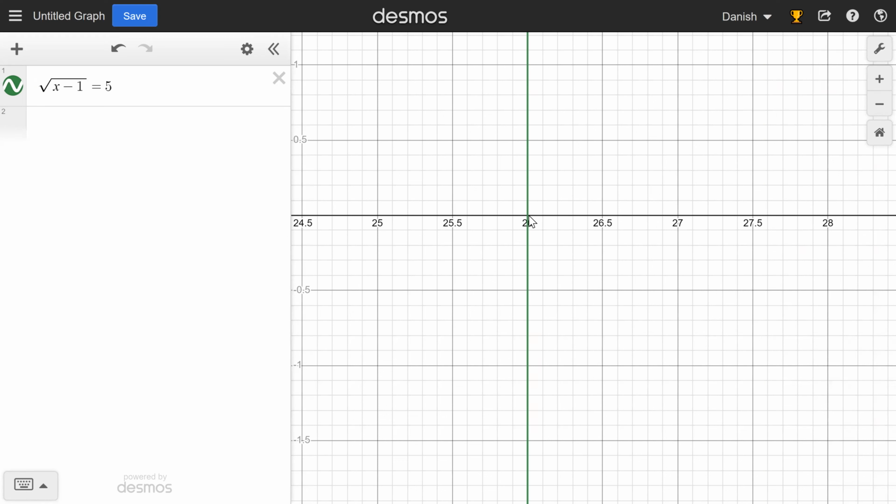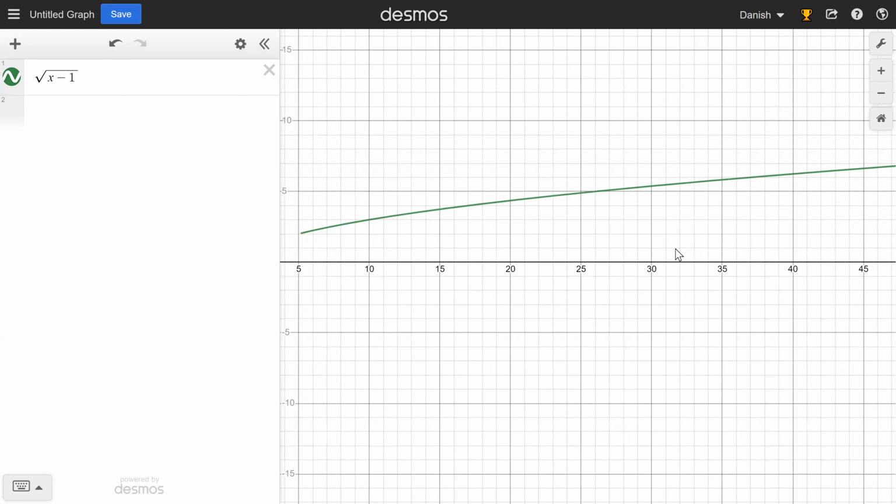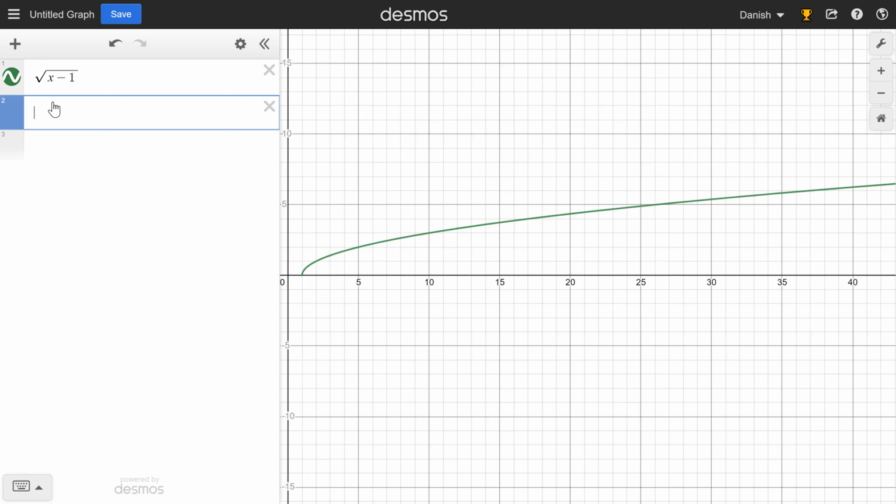Another way of doing the same thing, let's consider that square root of x minus 1 here is your plot. Now I will check it again. Just the left-hand side. I plotted the left-hand side. You see over here? The left-hand side is plotted. It looks like this. Now bring in the other one also. What is the right-hand side? y equals 5.